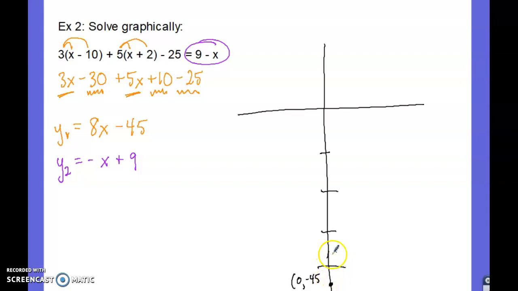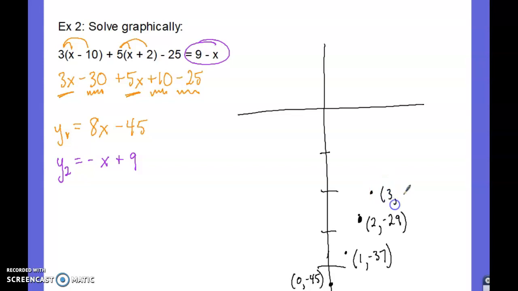And it goes up 8 over 1. So as I go to the right one, I'm adding 8 to this value. So that would be negative 37. Up 8 over 1. So again, as I add 1 to the x-coordinate, I'm going to add 8 to this. Negative 29. Continue up. I have to be careful because clearly that point should have been a little bit further down if I was really counting by tens.